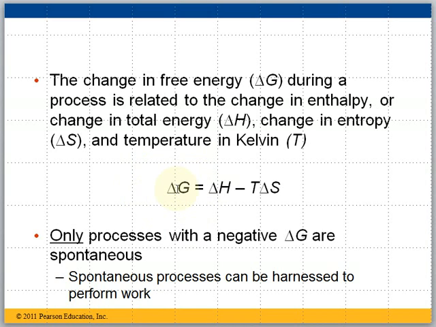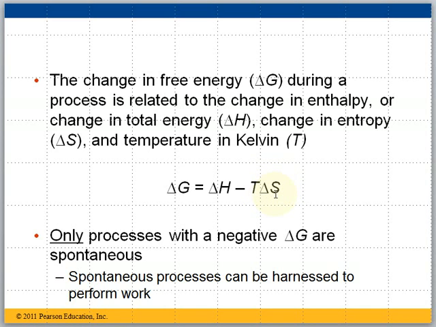It's related to what we call the change in total energy, capital H representing total energy, minus the temperature, which is measured in degrees Kelvin, times the change in S, where S stands for something called entropy. Entropy and enthalpy are two words we're going to take a look at.